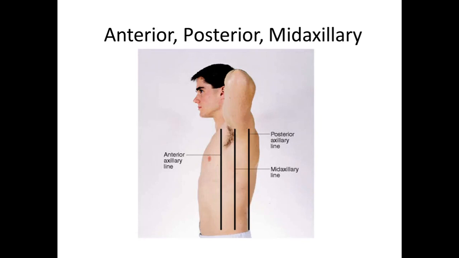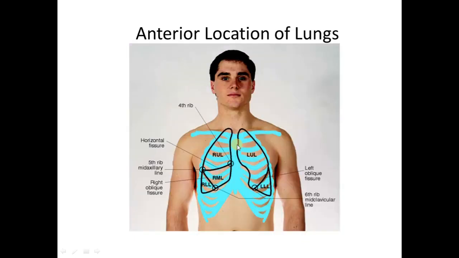Laterally we have the anterior axillary line and the posterior axillary line, and in between the mid-axillary line. So the lung anatomically lies between these anatomical landmarks.